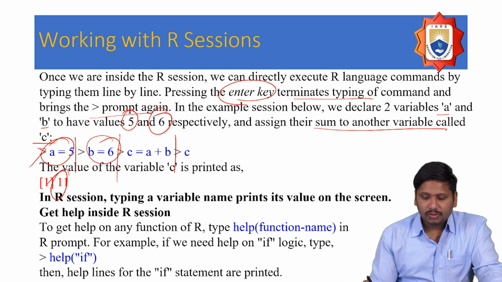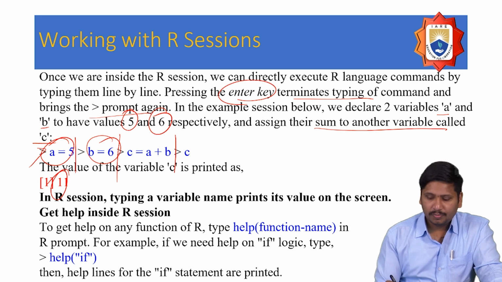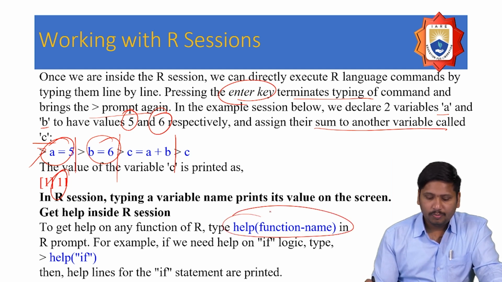In another session, just typing the variable name prints the value on the screen. For that I'm going to show a help function, help of the function name here. In the prompt, suppose I want to know how the if statement works in R programming.